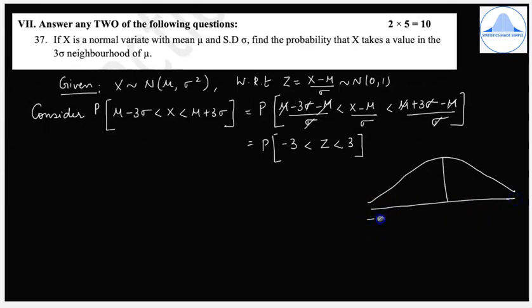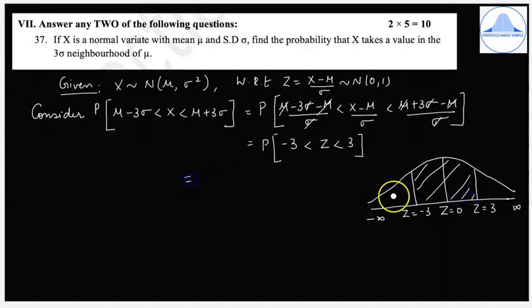So this is minus infinity, this is z equal to 0 and then infinity. Now first mark minus 3. Minus 3 is negative, so mark it on the left tail of the curve. Then mark 3, which is a positive value, so mark it on the right tail of the curve. Now z lies between minus 3 and 3 means you have to shade only between minus 3 and 3.